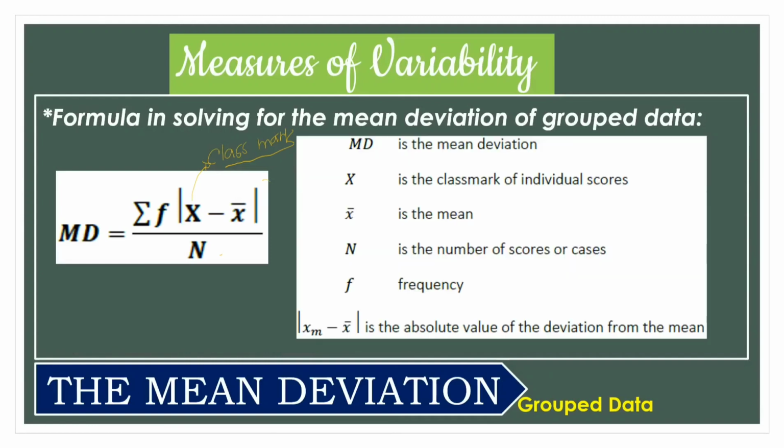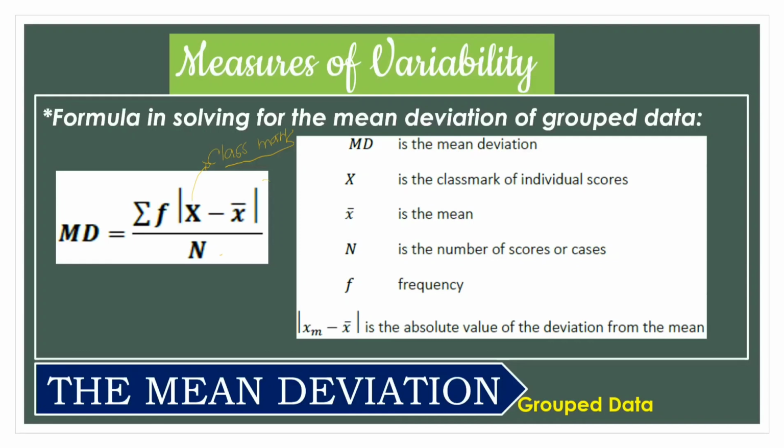Here is our formula for solving the mean deviation of grouped data. Mean deviation is equal to the sum of all frequencies times the absolute value of the difference between the class mark and the mean, divided by n.